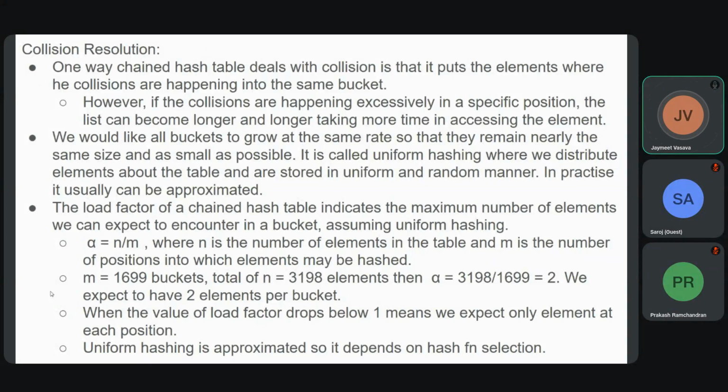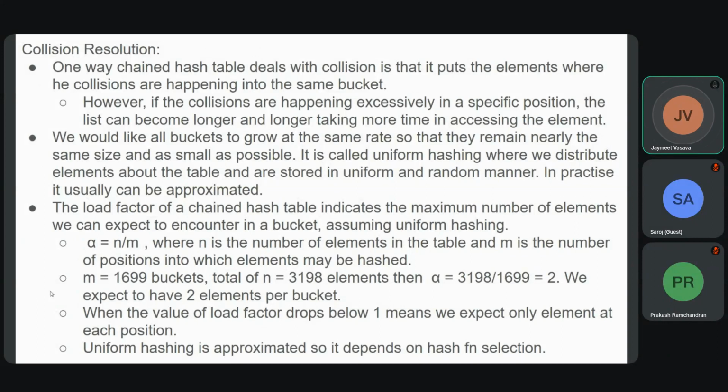The formula is alpha equals n by m, where n is the number of elements in the table and m is the number of positions into which the elements may be hashed. You can see the example of m equals 1699 and n equals 3198, where we get the value of 2.